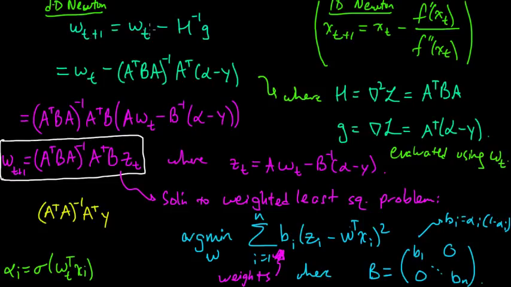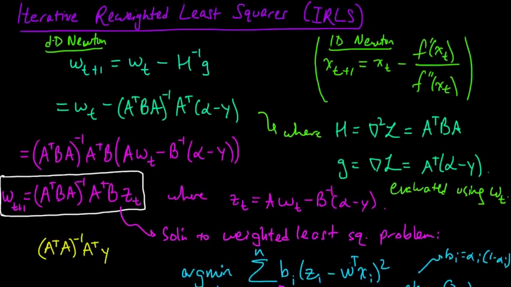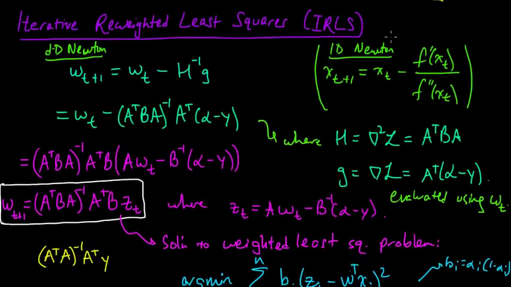Because in Newton's method, we evaluate the Hessian and the gradient at the point wt. All right, so that's it. I just wanted to explain why it's called iteratively reweighted least squares, and to show you explicitly what it looks like after you've gotten the Hessian and the gradient: you plug these in and you get this.